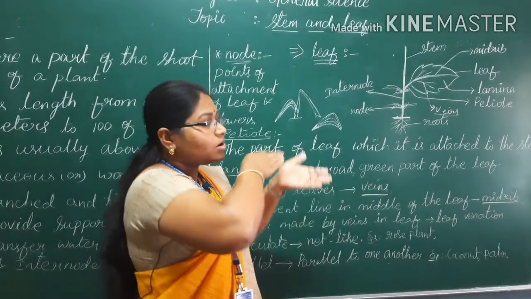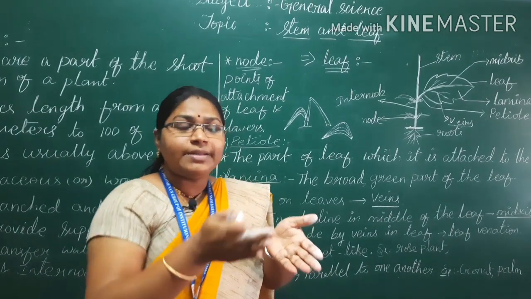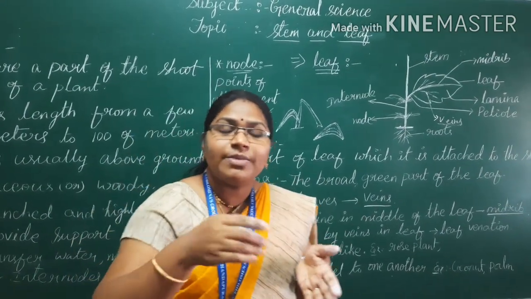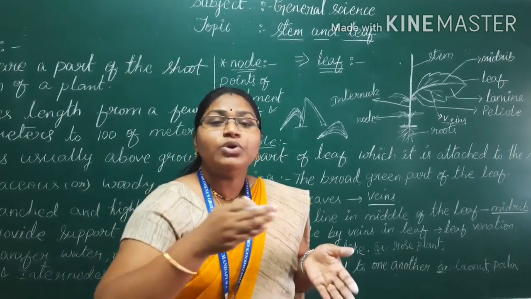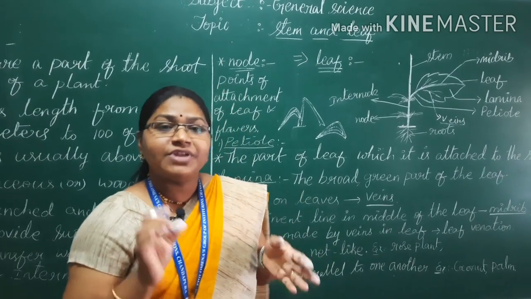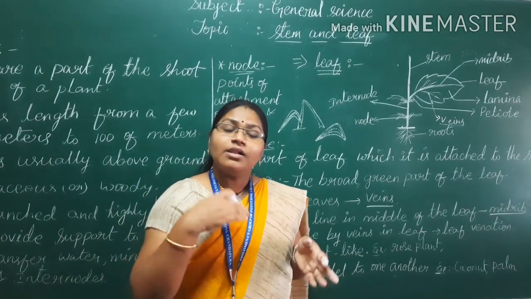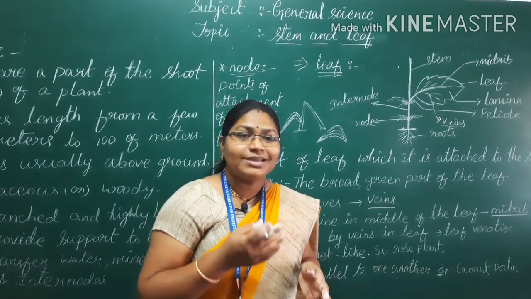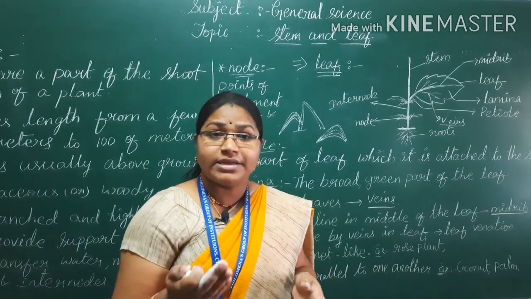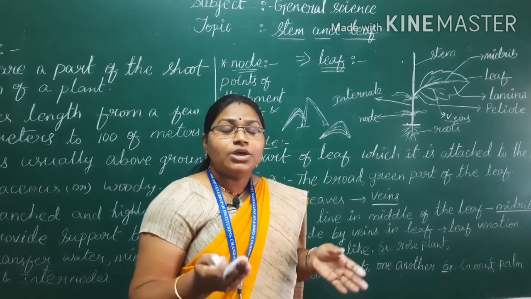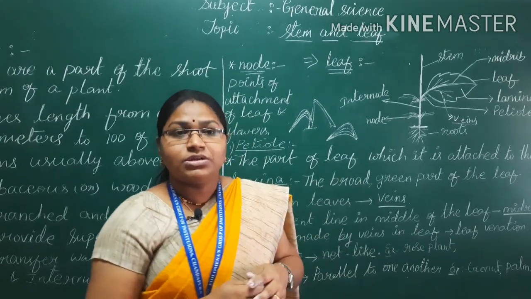If you observe on both sides of the midrib, these veins are arranged parallel to each other. Such a type of venation we call parallel venation. For example, in some grasses, coconut plants and palm trees, you can see this type of venation.